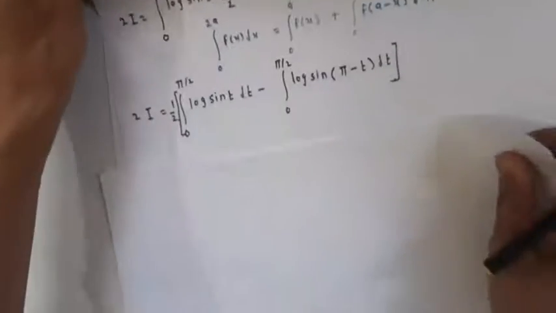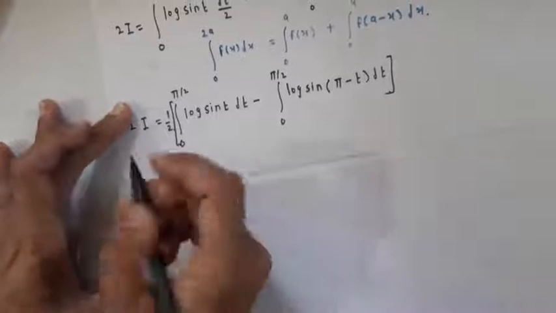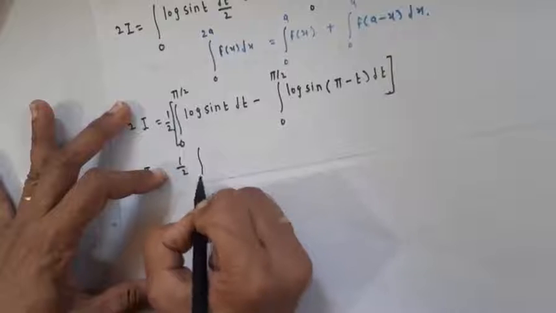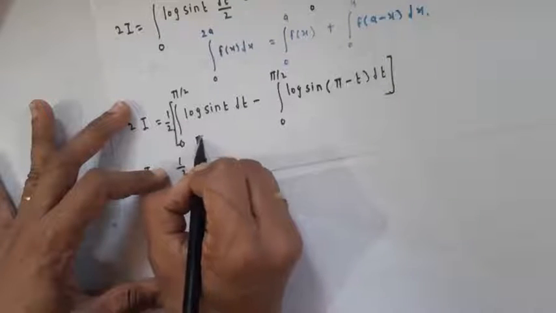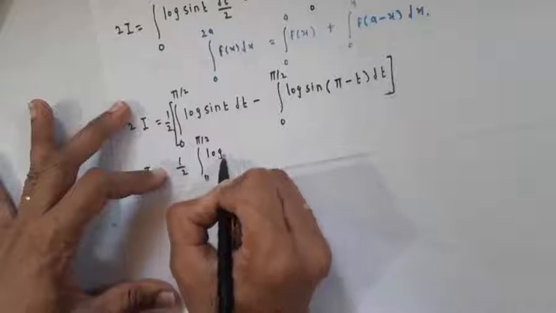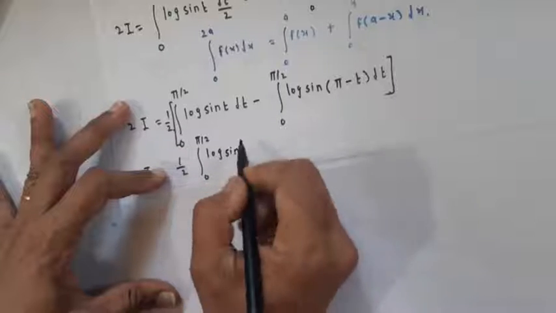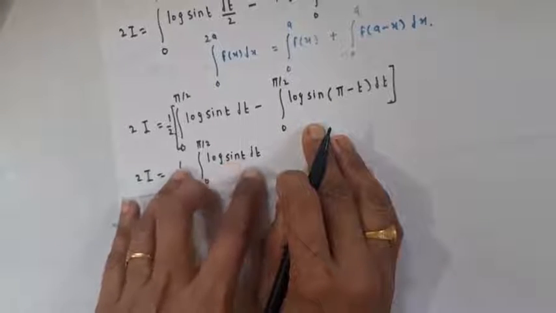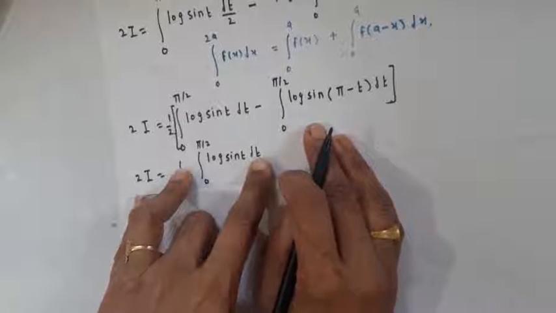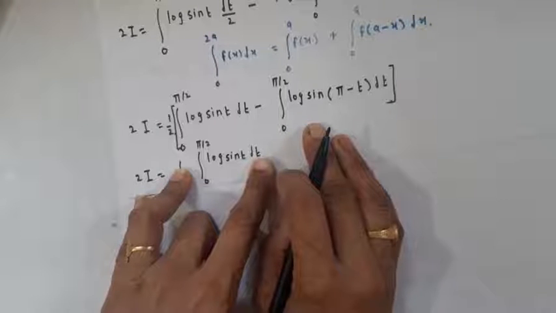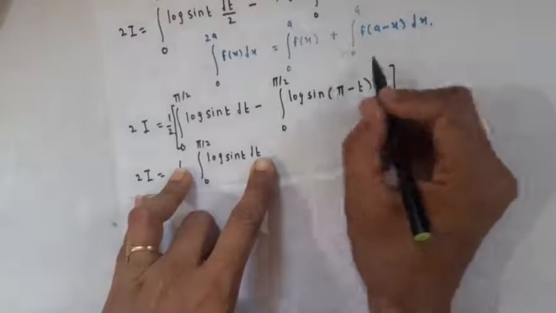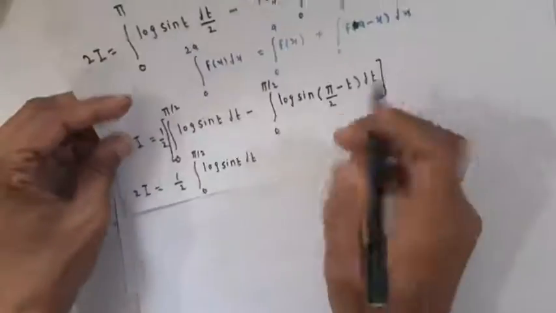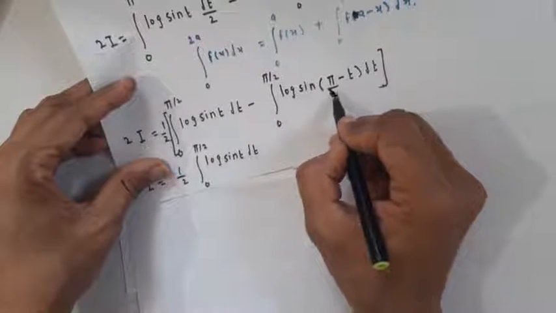Now this is equal to 2I, 1 by 2, integral 0 to pi by 2 of log of sine of t with respect to t, and this is 0 to a of f of a minus x, and this is log of sine of pi minus t.